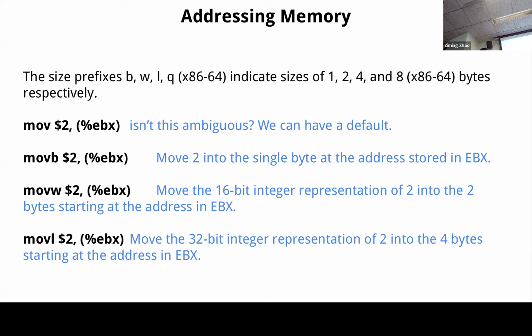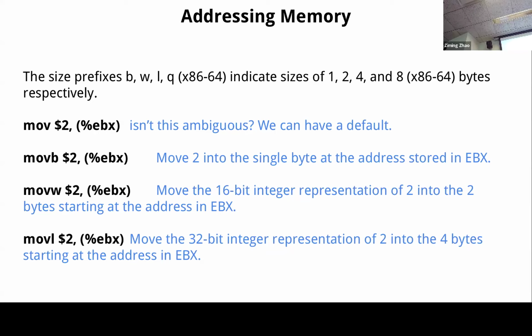It could be a little bit ambiguous, like this one. We are moving a constant number 2, value 2, to the memory address in EBX. EBX is 4 bytes, right? But that's the address. It points to somewhere in the memory.